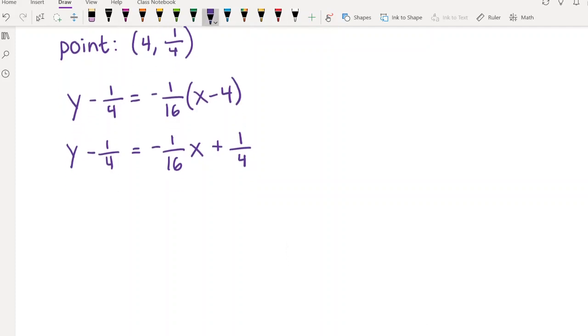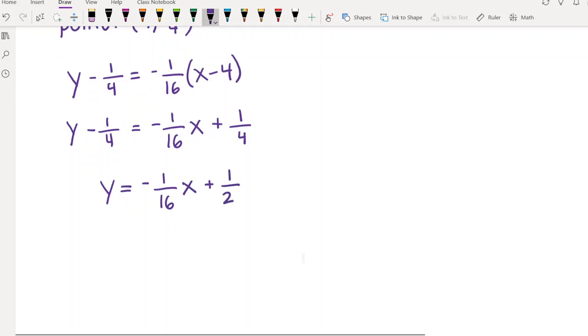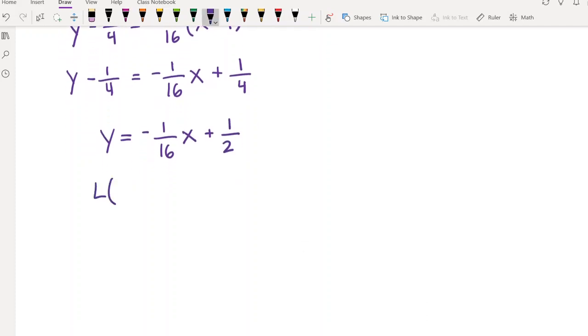And then we can add 1/4 to both sides, and that gives us y is equal to negative 1 over 16 x plus 1/2. And so our linear approximation is L of x is equal to negative 1/16 x plus 1/2.